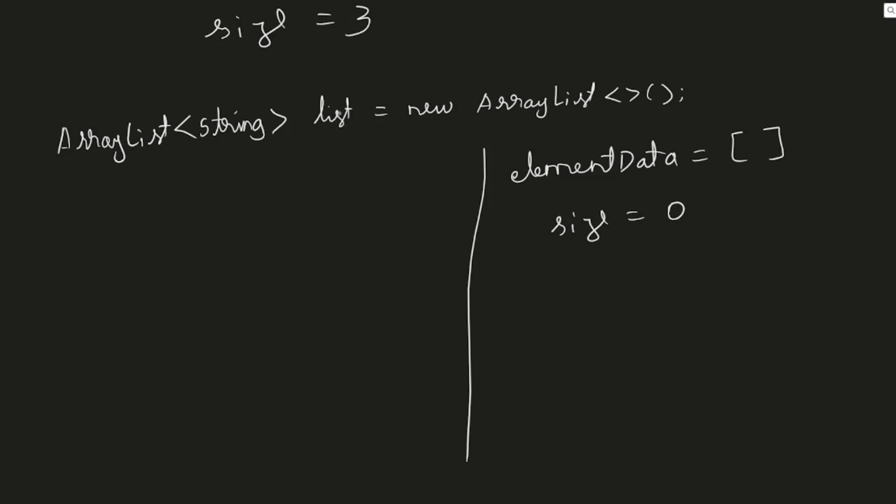And now you decide to insert an element inside the list. That's our first element, list.add. We just need to pass the string data type. I'll just pass my name.